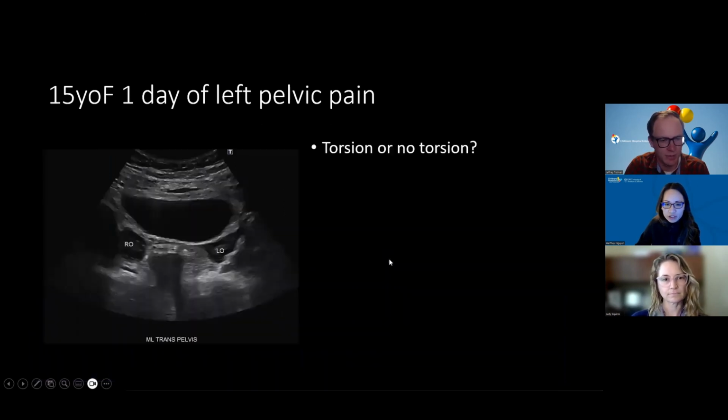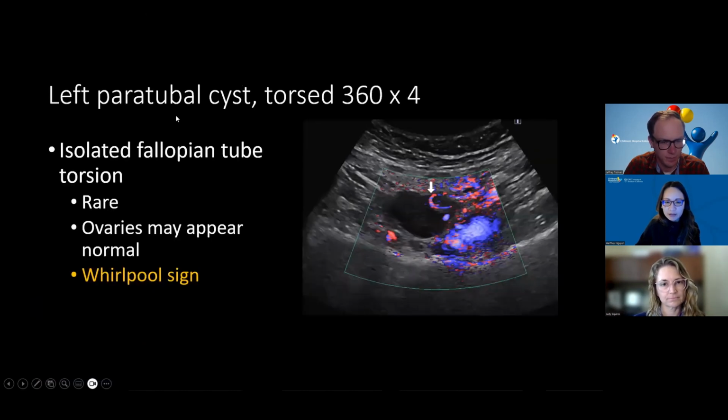All of that should raise your suspicion that there is some kind of torsion, even though this image looks pretty normal. And of course, because the patient was in a lot of pain and there was a large cystic structure, they were taken to the OR, and this turned out to be an isolated fallopian tube torsion.